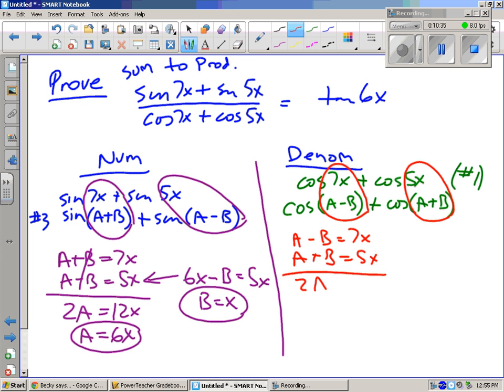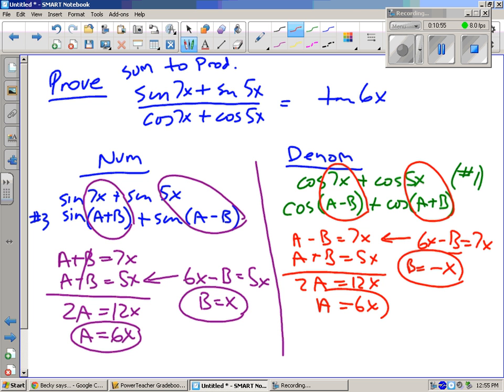So it looks like we're going to get kind of the same thing. Divide by 2, so A is 6. Now let's put that in right here. So I have 6x minus b equals 7x. Well, you can't subtract and get a higher number, so this b must be negative x. So b is negative x, and a is 6x. Okay, so all the preliminary work is done.